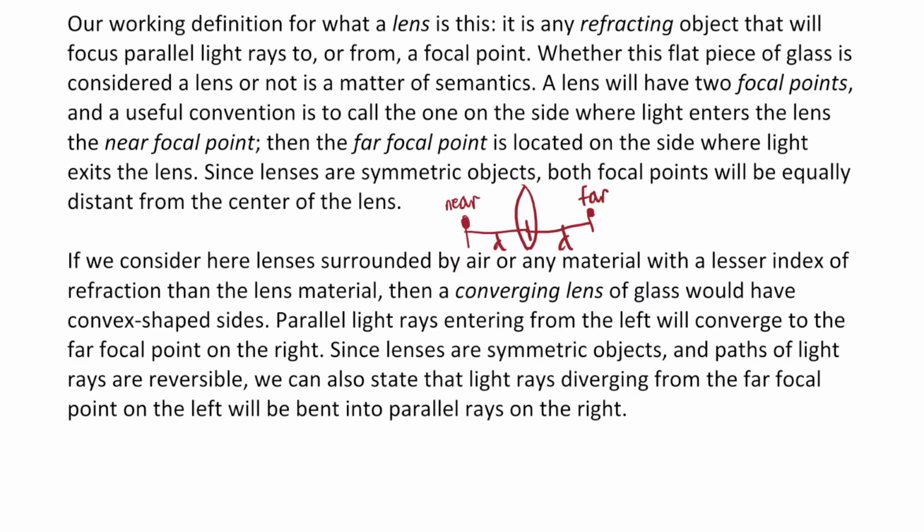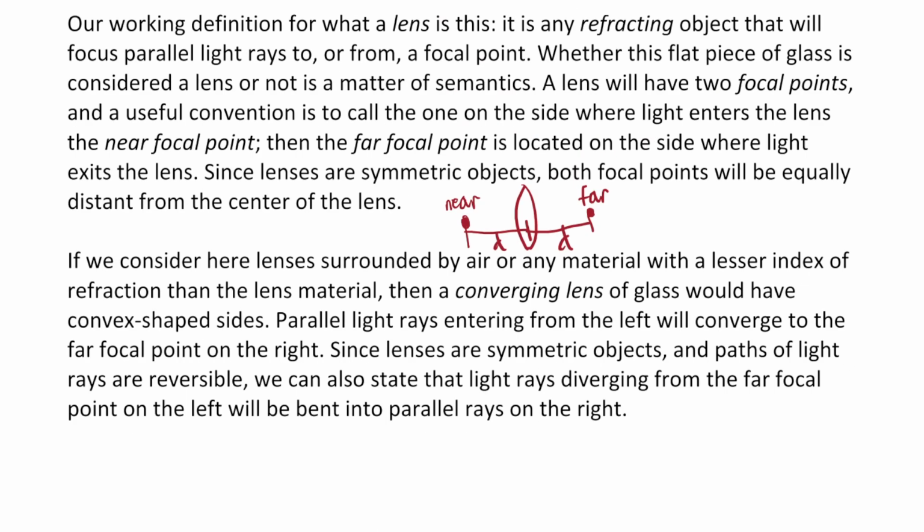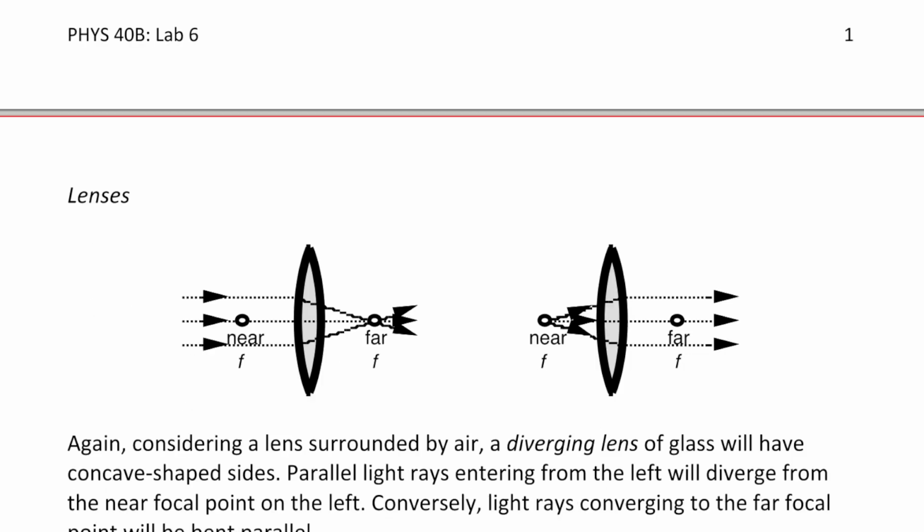The first type of lens they talk about is a converging lens, which looks like this, where it bows outwards. They call it a converging lens because when you pass light parallel to the lens, the light will converge onto the far focal point like this.